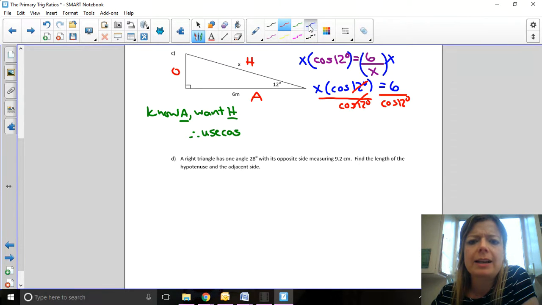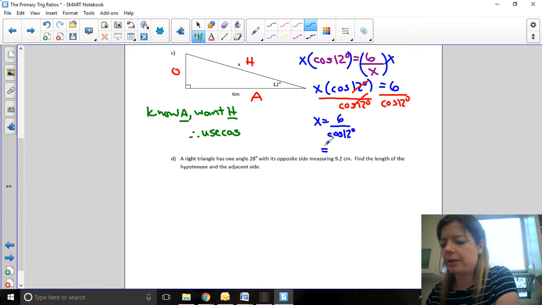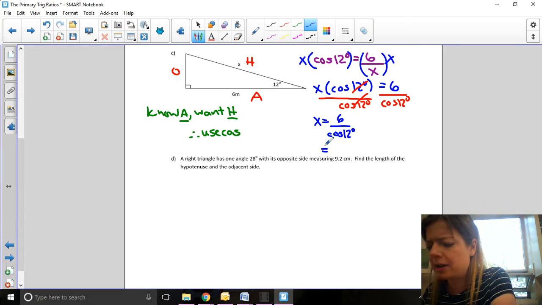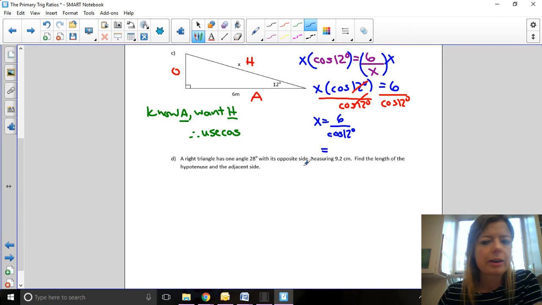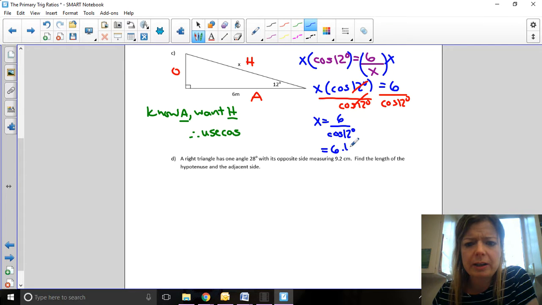So you get x equals 6 divided by cos 12 degrees. Okay, and then you just put that in your calculator. So 6 divided by cos of 12 equals 6.13. And in this case, it would be meters. Okay?